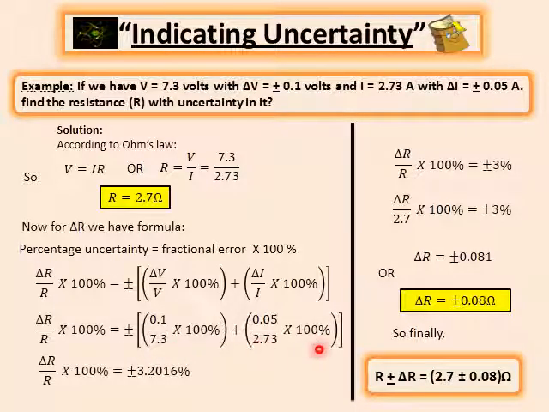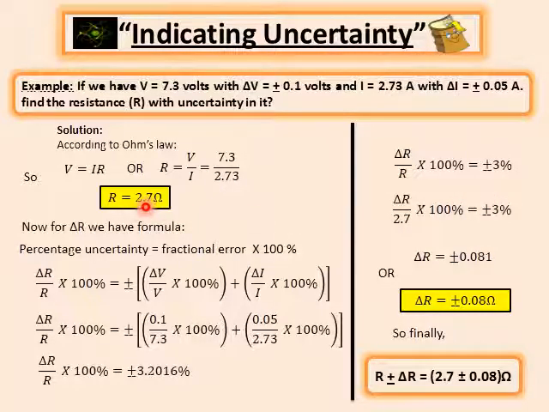After solving these values, we get ΔR/R × 100% equal to ±3.2016%. After rounding off, ΔR/R × 100% is equal to ±3%.